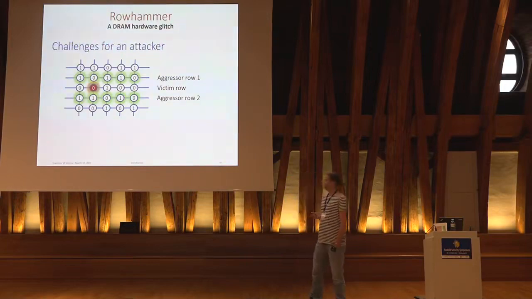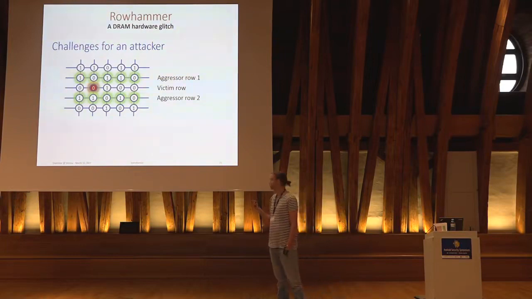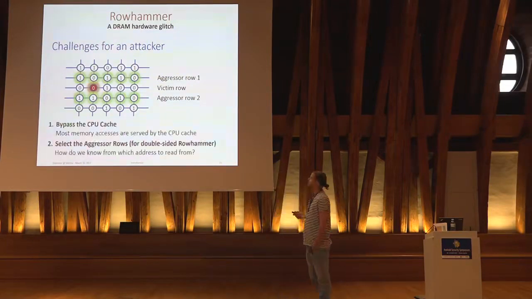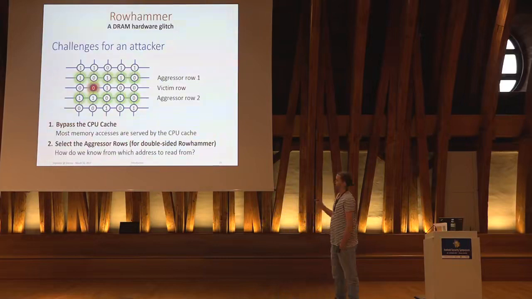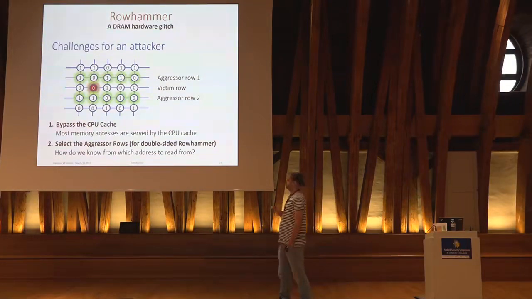Okay, so what are the challenges for an attacker? So let's say you want to do a Rowhammer attack. What do you have to do? There are 2 things. One is you need to bypass the CPU cache. I have a slide next, but these days most memory accesses are not actually accessing your DRAM memory, but a lot of the data is stored in the CPU cache.